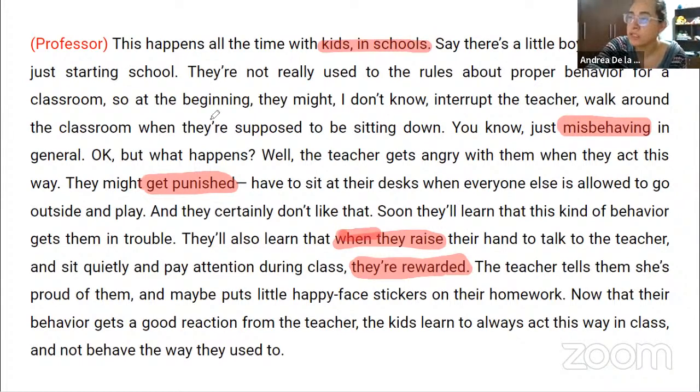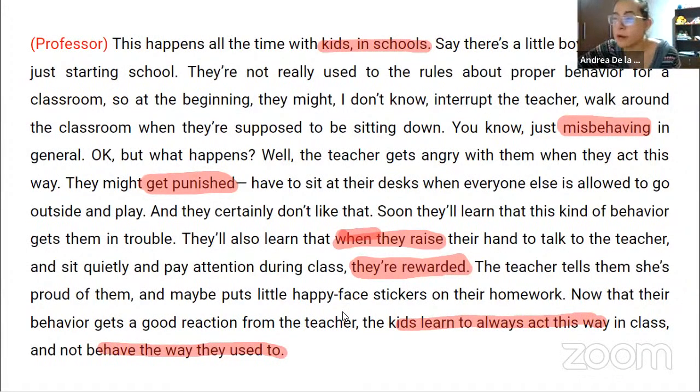They change their original behavior, their original misbehavior. They modify it based on the teacher's reaction, based on what they have learned are the consequences of their behavior, right? Based on what the teacher does when they act that way. So they learn to always act this way, and they don't behave the way they used to. They have changed their behavior.